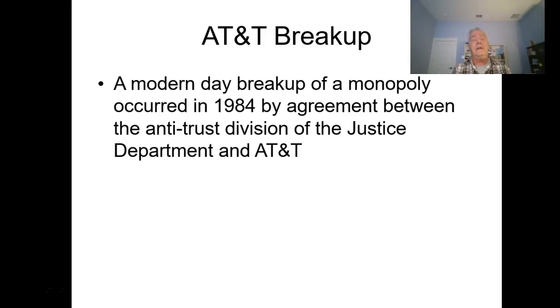Right now, in today's world, the Antitrust Division of the Justice Department steps in before acquisitions and mergers occur. For instance, the new AT&T is trying to buy one of the cable networks. I forget which one it is.